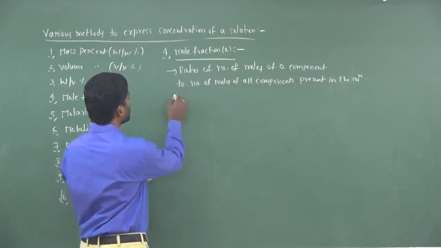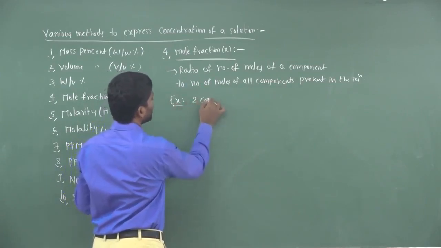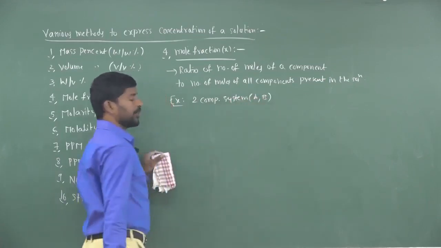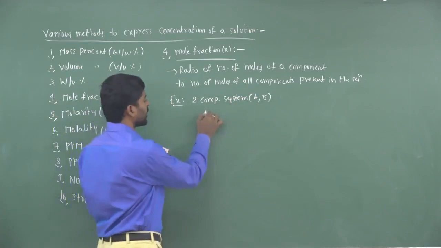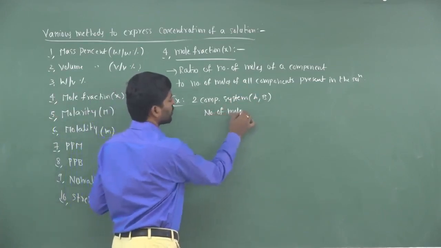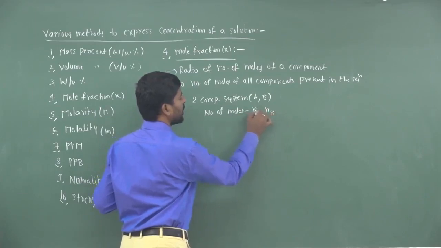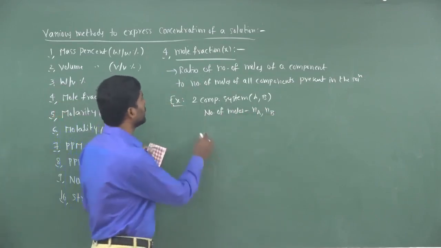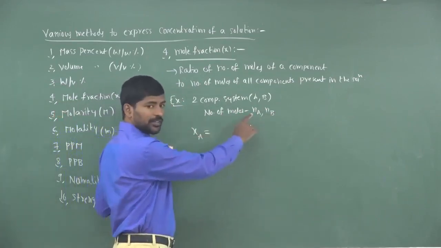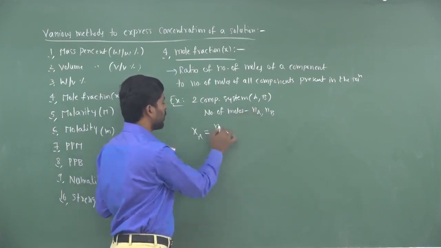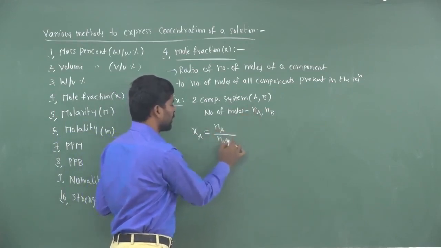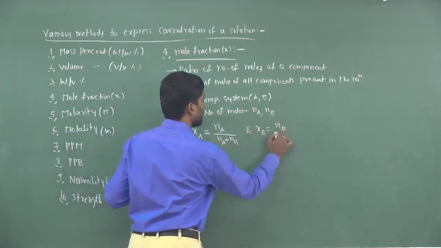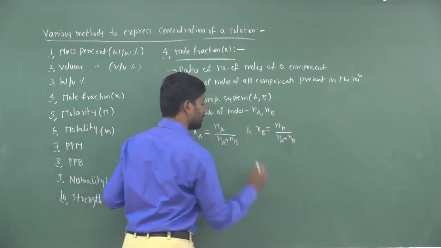For example, if you consider a two component system A, B and the corresponding number of moles Na, Nb, then mole fraction of A is given as number of moles of A by total number of moles, and mole fraction of B is given as Nb by Na plus Nb.